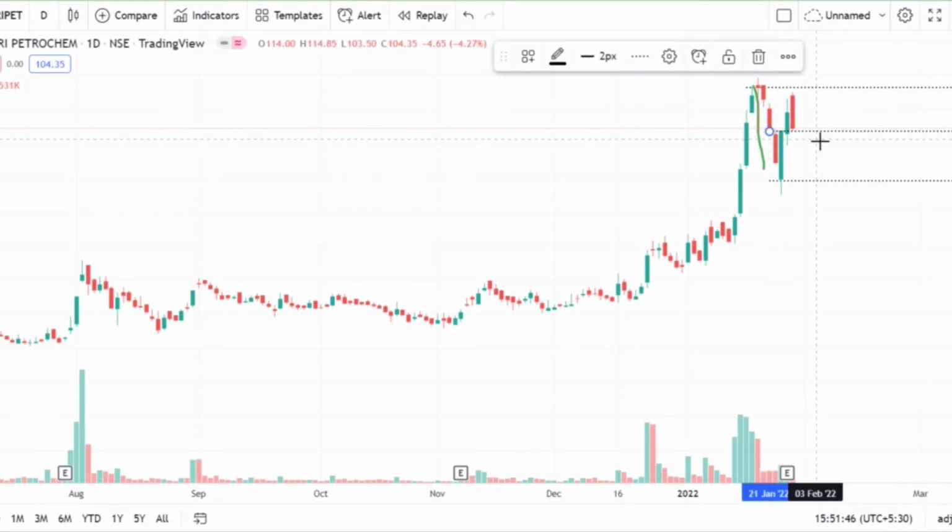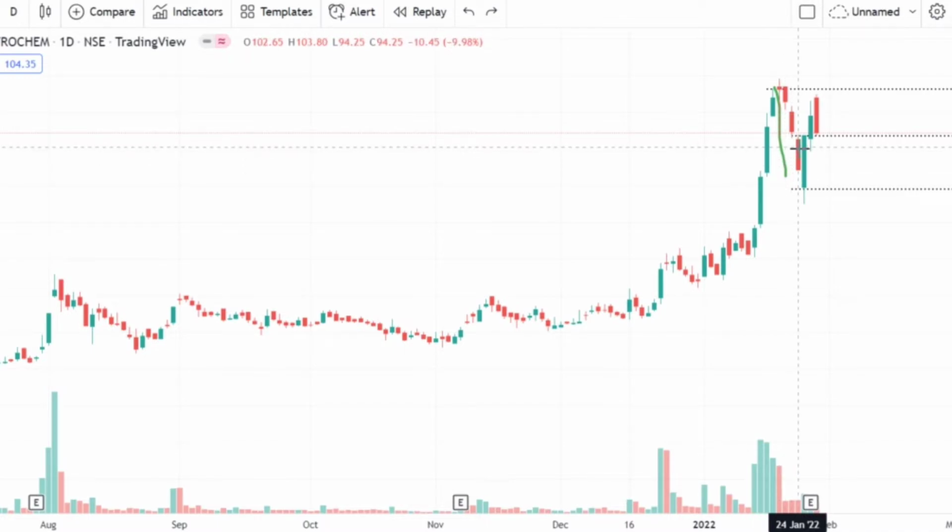So if you closely see, the opening and the closing of the candle is beyond the previous day's opening and closing, right? Which shows that the green candle has completely engulfed the previous day's red candle, which signifies that the green candle is the bullish engulfing candle, right?